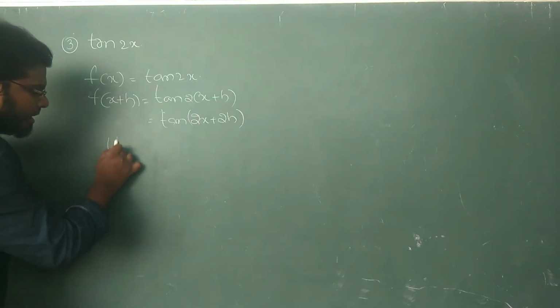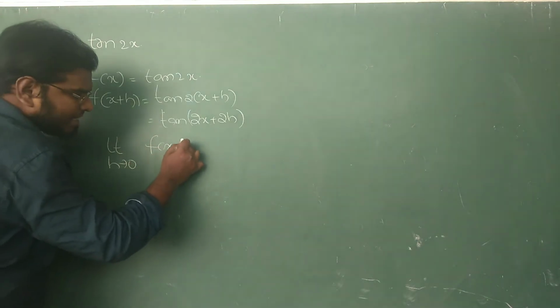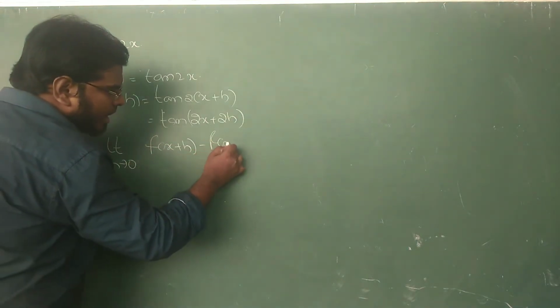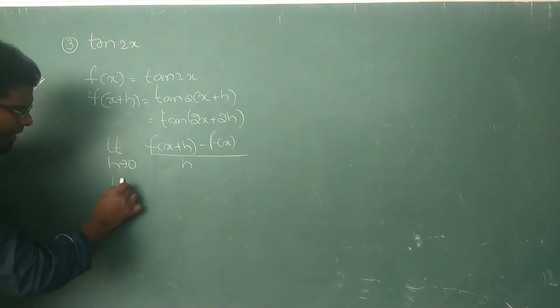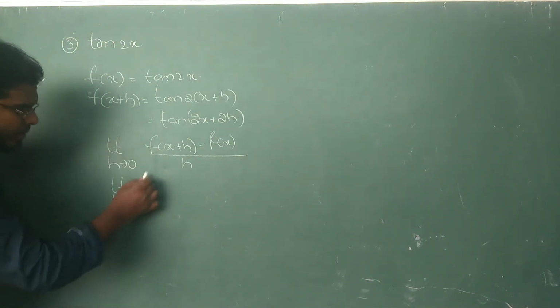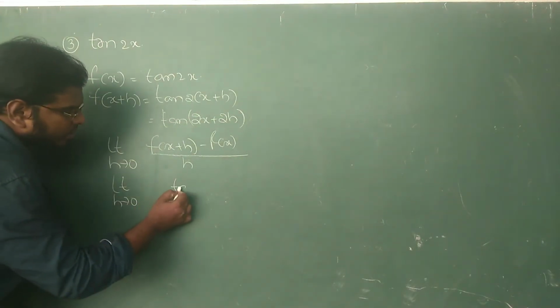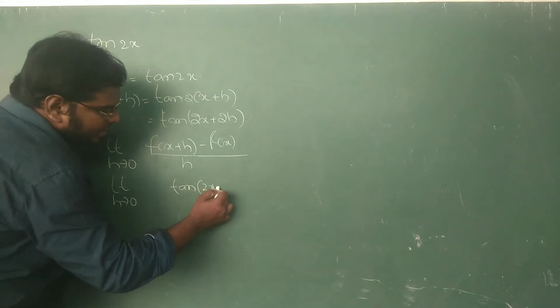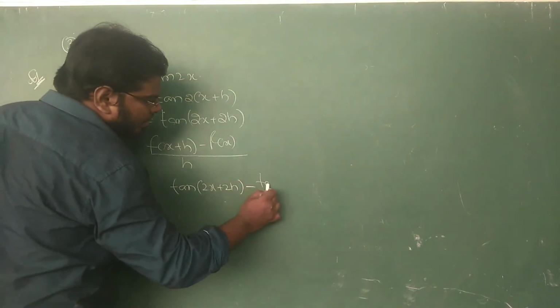Now write the formula here: limit h tends to 0, f of x plus h minus f of x by h. Substitute here: limit h tends to 0, f of x plus h means write this total, tan of 2x plus 2h, minus f of x, which means tan 2x.